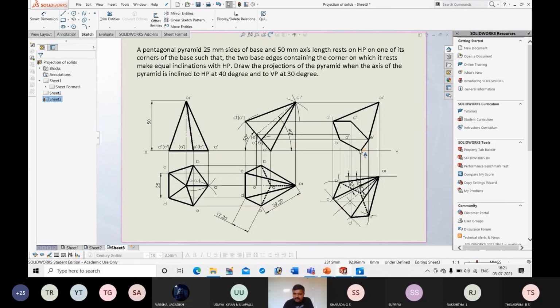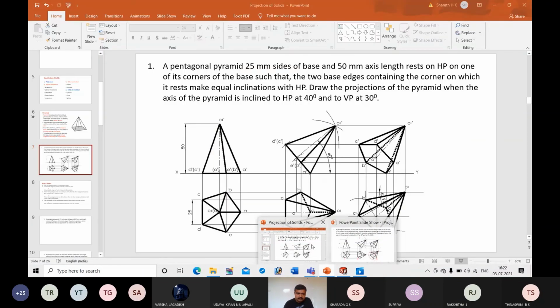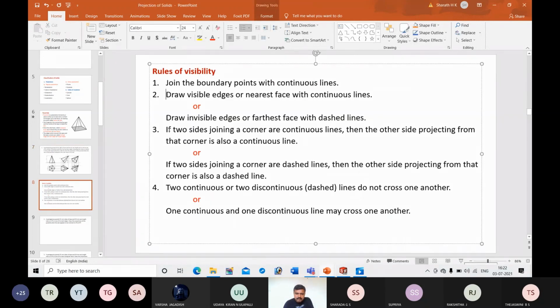But if you go for drawing one more continuous line, it will cross another continuous line. This is not possible. Already we discussed rule of visibility: two continuous or two discontinuous lines do not cross one another.